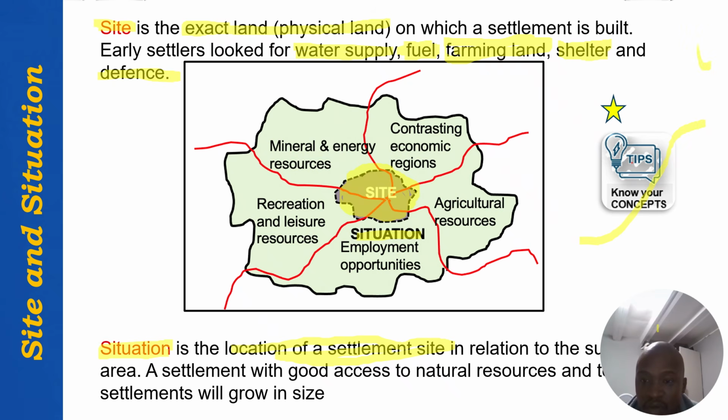If you are here at the top, right, and then there's someone in the bottom here, right? Obviously, the person at the top will have an advantage, right? So some of them were at the top of a hill for defense reasons, okay? Some of them would settle in the middle or lower, right, to be sheltered from strong winds, okay? And then situations, a settlement with good access to natural resources.